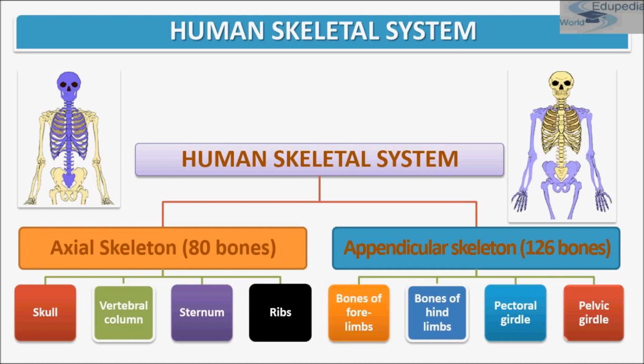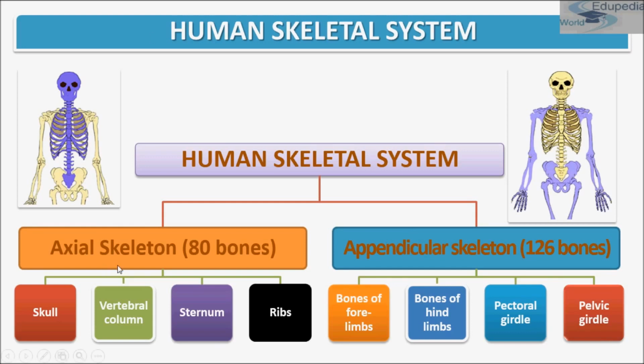In human beings, the system is made up of 206 bones and a few cartilages. It is grouped into two principal divisions. First is the axial and second is the appendicular skeleton.